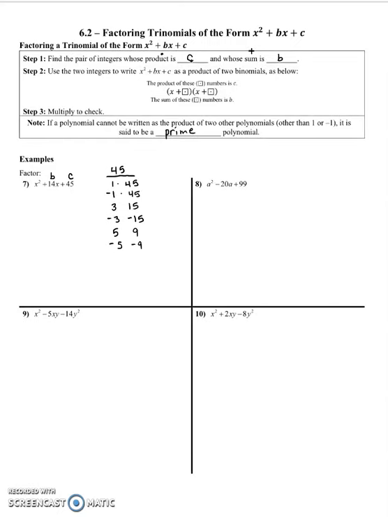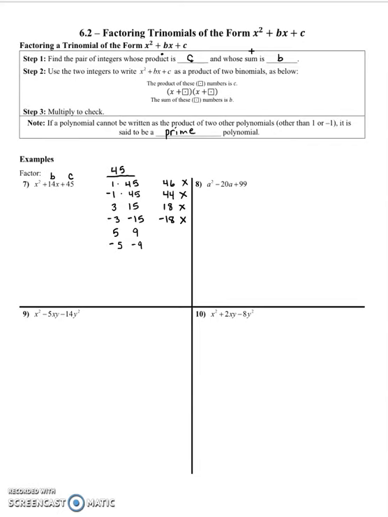So now we need to know if we add these up, which equals positive 14. So 1 plus 45 is 46. That's not it. -1 plus -45 is -46. That's not it. 3 plus 15 is 18. That's not it. -3 and -15 is -18.